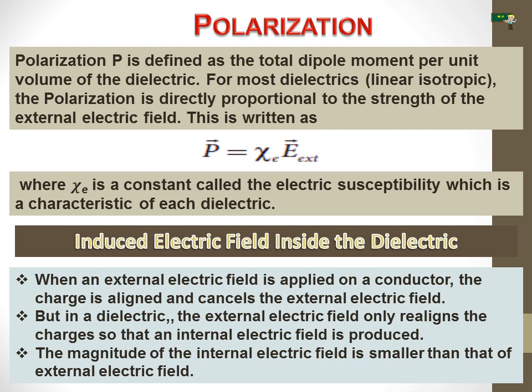So, it cancels the external electric field. Second point, but in a dielectric, the external electric field only realigns the charges so that an internal electric field is produced. The magnitude of the internal electric field is smaller than that of the external electric field.